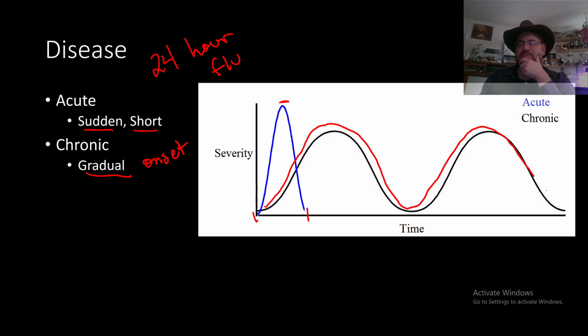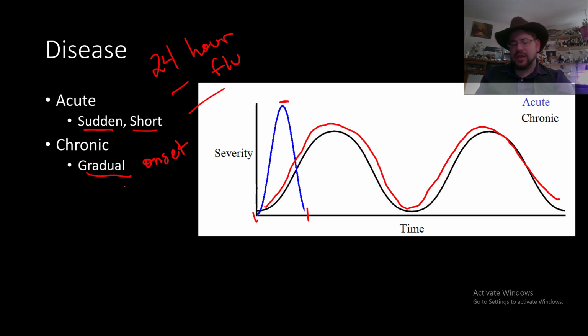The onset comes back. So, you don't get the 24-hour flu and then have it go away and then immediately get it back and go, that's an acute disorder. Whereas a chronic disease might be something like herpes, where the cold sores arrive and then they eventually dissipate and go away, and then again the cold sores come back. So that's a chronic disease.